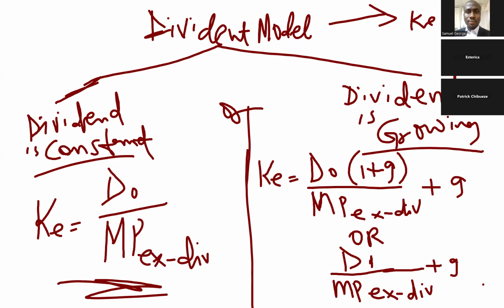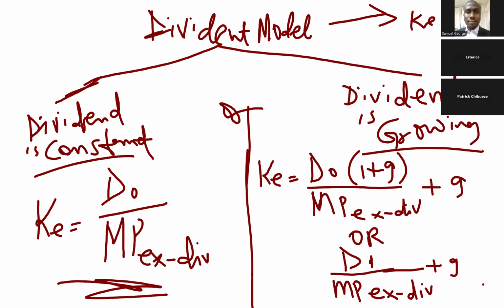Please, I want you to take note of the difference. The D0 in this KE formula is future dividend. It is not present dividend, it is future dividend. We just put it there as the dividend of year zero. That is, whatever dividend is right now, that is what dividend is going to be in the future.